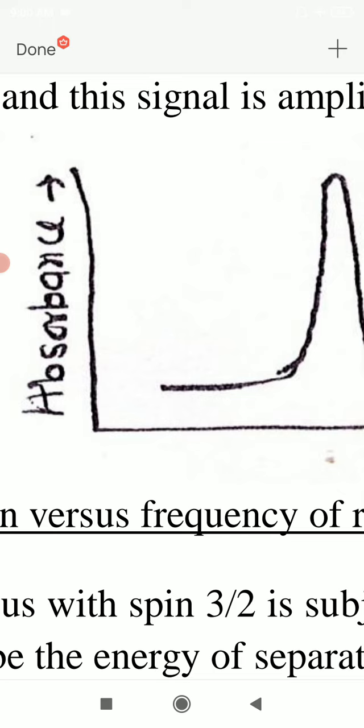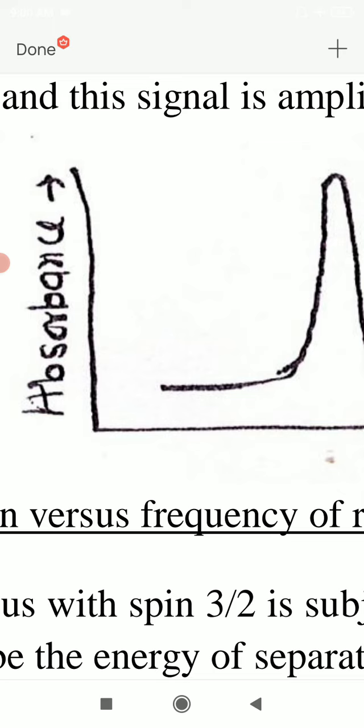Absorbance is log of the energy that is incident upon energy that is transmitted.